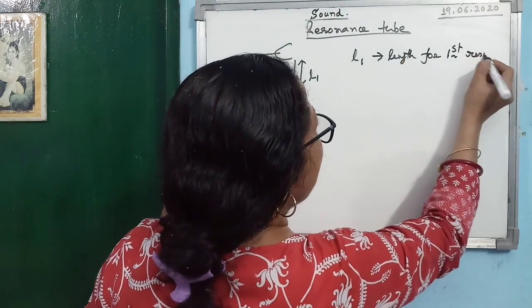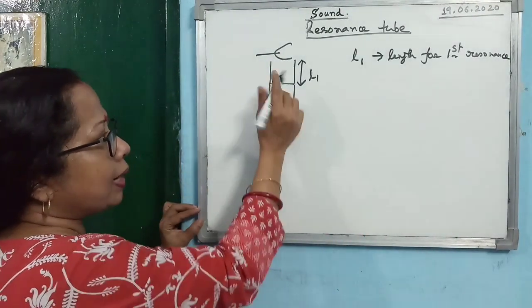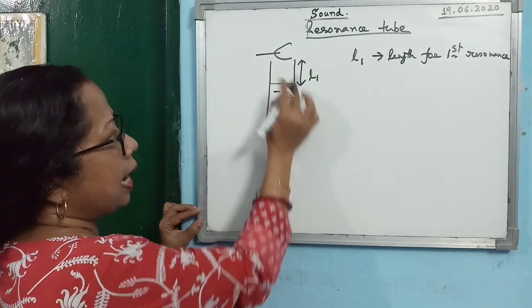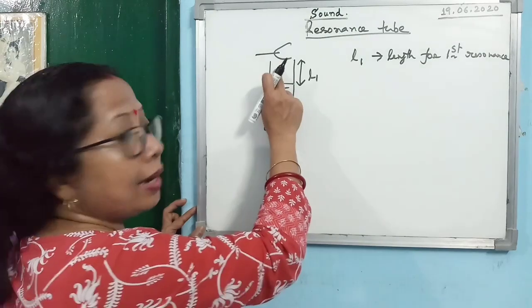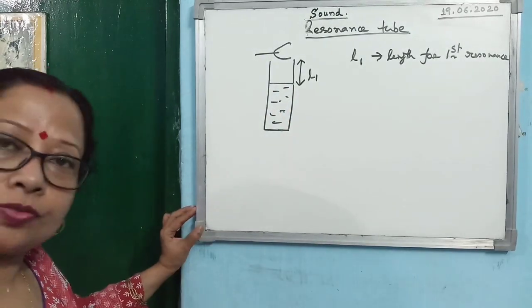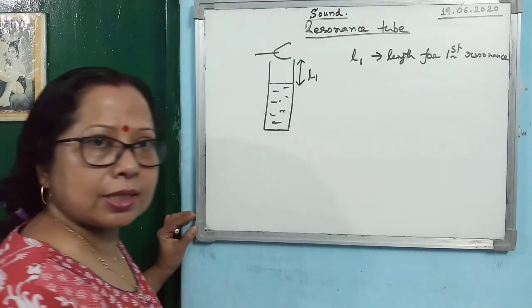Alright, now what you are doing? Again you decrease the water column. This is water, remember. And here, who is vibrating? Water is not vibrating. The air above the water is vibrating. So when the length is L1, suppose you are getting first resonance.